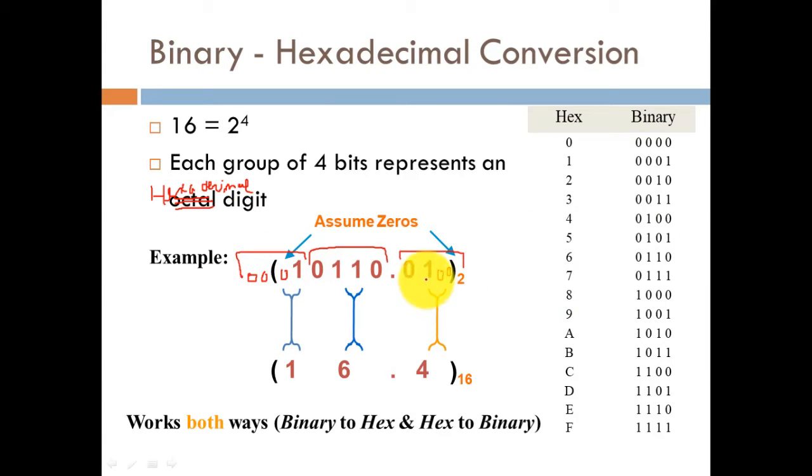This 0 1 0 0 is equivalent to 4, this 0 1 1 0 is equivalent to 6, and 0001 is equivalent to 1. So the binary number 10110.01 is equivalent to 16.4 in hexadecimal. This is how we convert the binary number system to the hexadecimal number system.